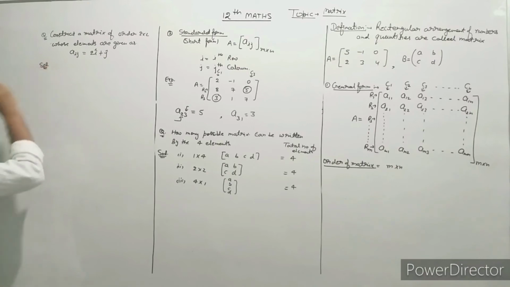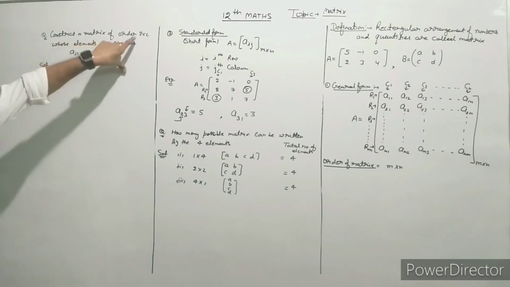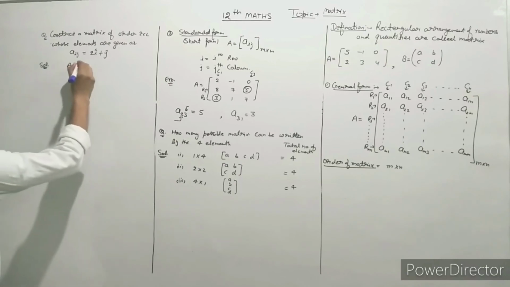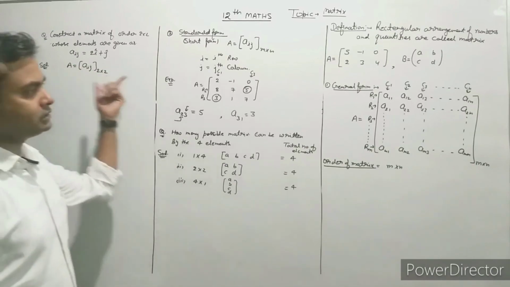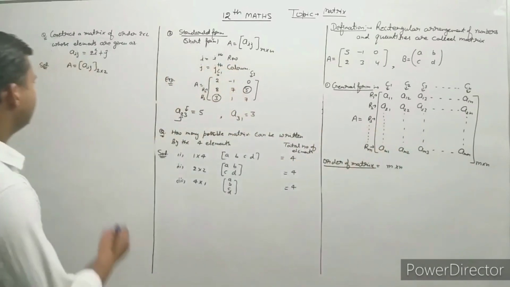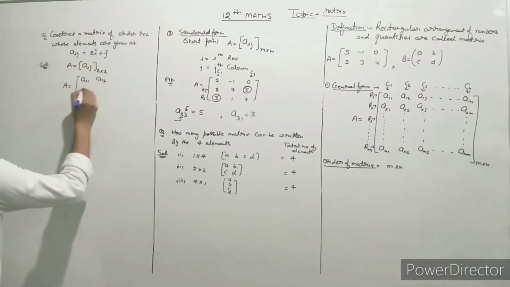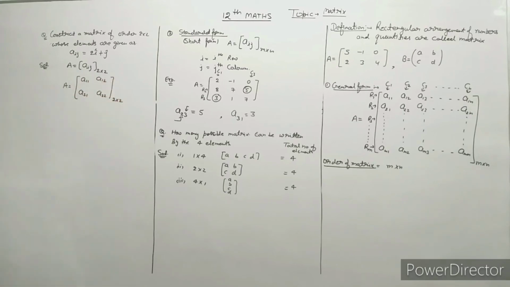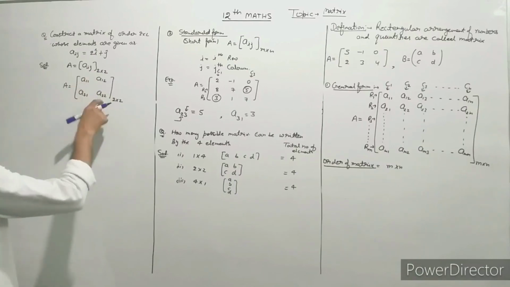So now first we write the matrix of order 2 by 2 in short form, then we can write Aij 2 by 2, and now we can write the general form. Then capital A can be written as A11, A12, A21, A22. It is a matrix of order 2 by 2. Now we find the values of these quantities A11, A12, A21, A22.